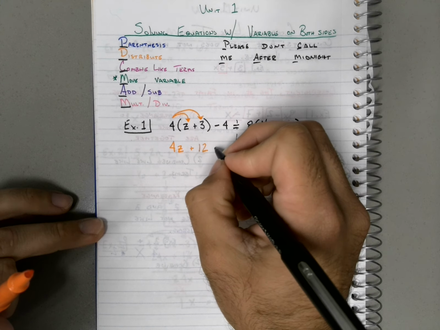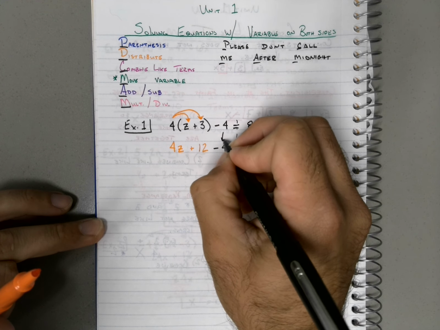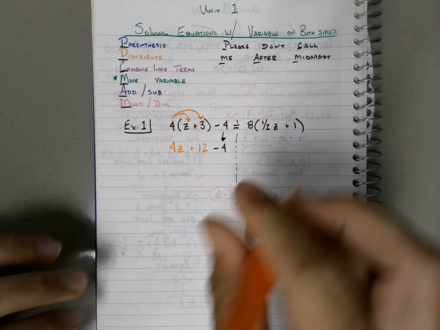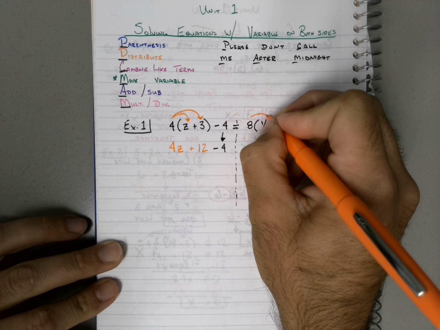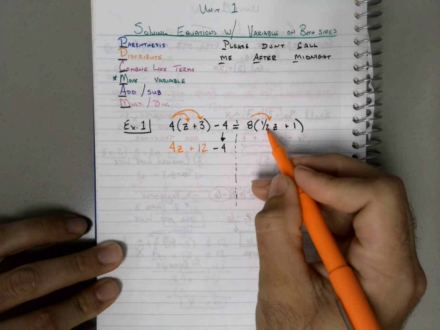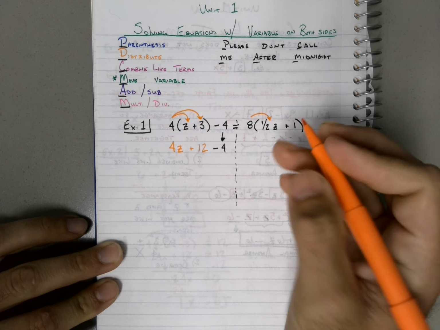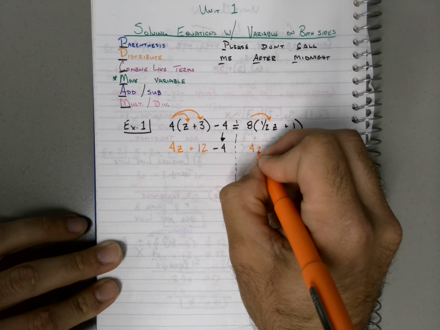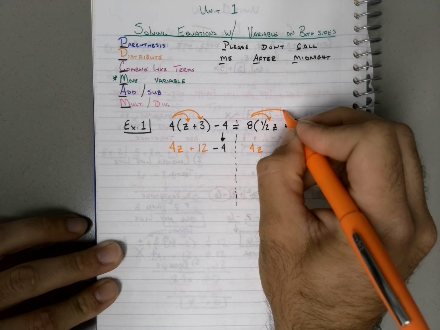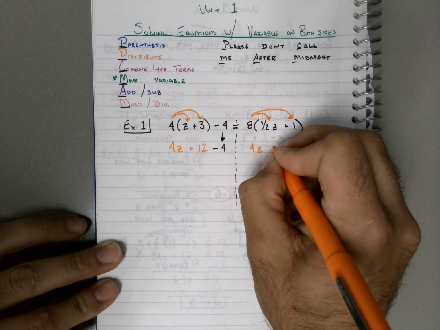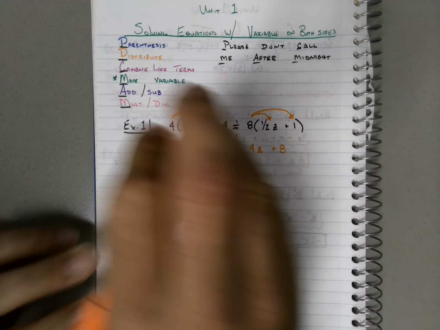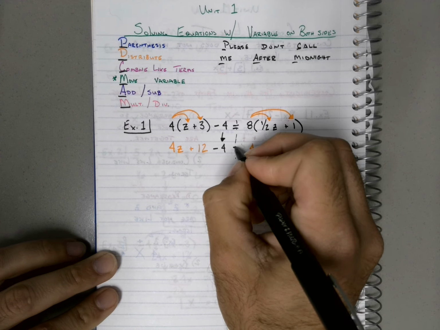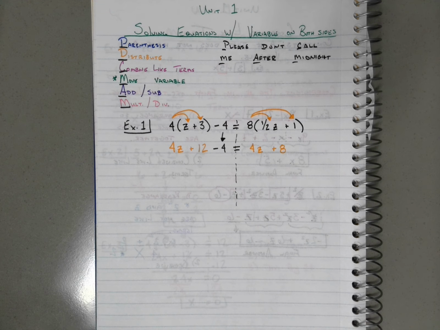What's left? Bring down my minus 4. We'll just drop that. And then 8 times 1/2 z. What's half of 8? Which is 4z. And then 8 times positive 1 is positive 8. I'll bring another equal sign. So we completed our first step there.